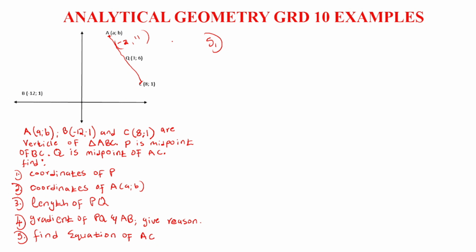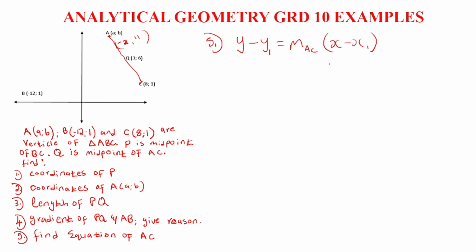Right here we are going to use the equation of a straight line, our formula: y minus y1, any y coordinate that is on our straight line, is equal to the gradient of AC, multiplied by x minus x1.